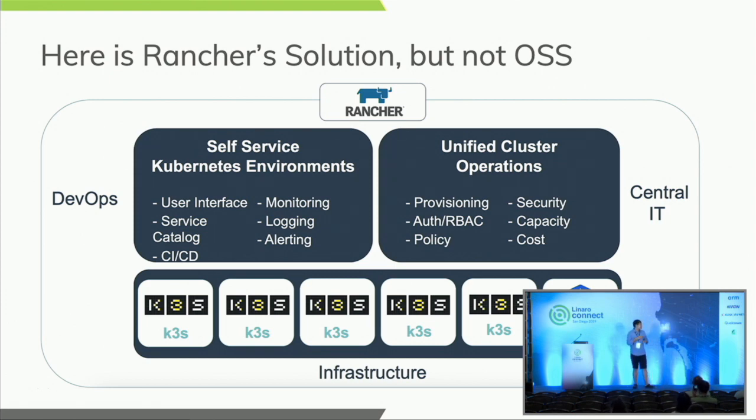In this architecture, these K3s clusters will be managed by the Kubernetes cluster running at the data center level. So we can get some ideas from this and build open source solutions. That is what we do now to enhance this architecture.